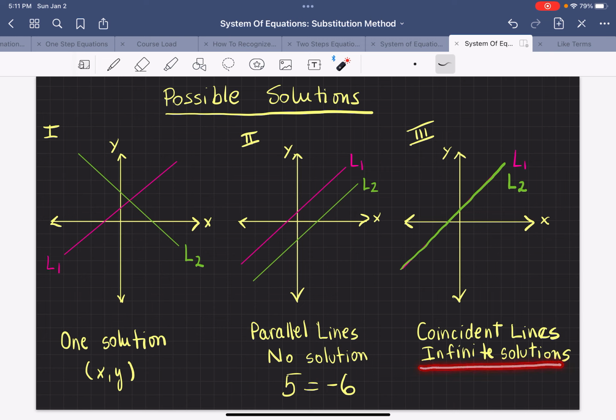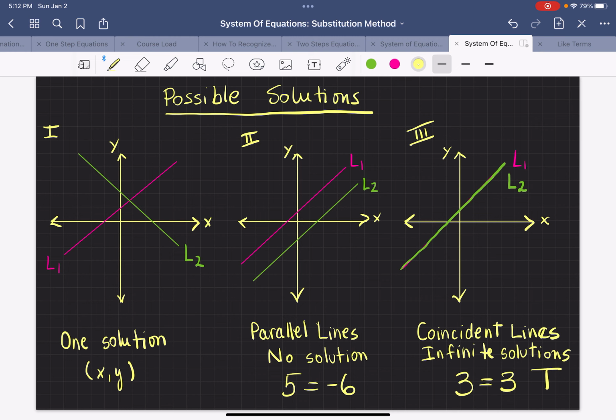That is because the lines intersect each other at every single point. They overlap. The points belong to both lines, every single point. So you have infinite solutions. And how will you know that if you're using algebra? You're not seeing the lines. Well, using algebra, you will get to a statement like, let's say, 3 equals 3, which is true, but you were not able to find a value for x and a value for y.